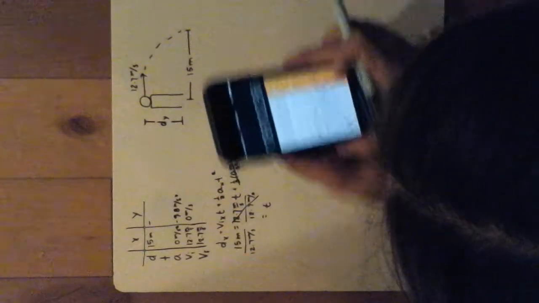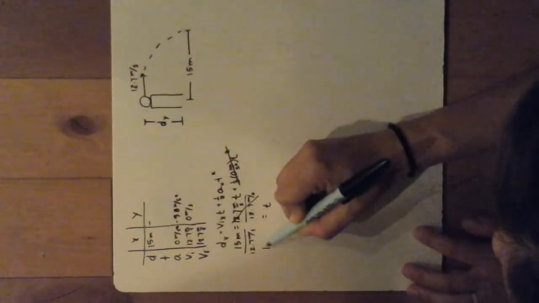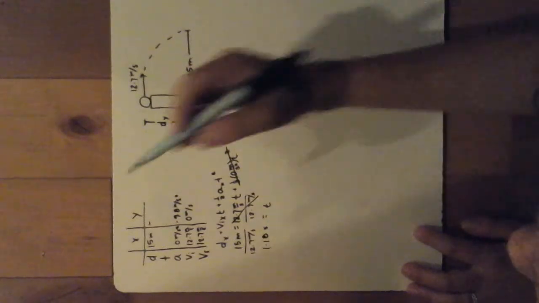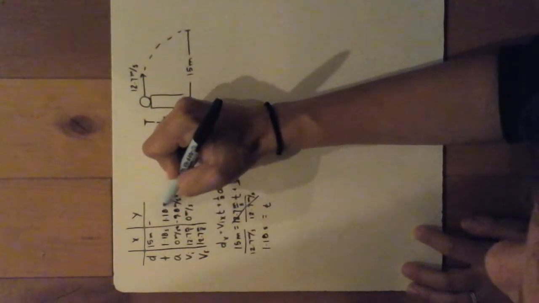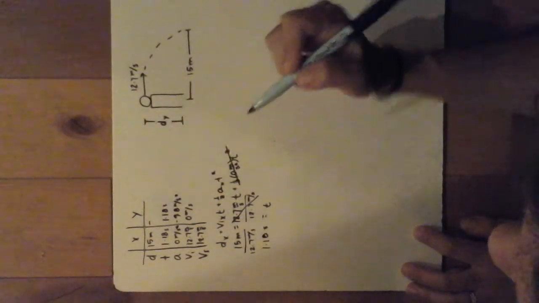That gives me 1.18 seconds. So I plug that in back up here. Now I have enough information on the y side to find my distance.